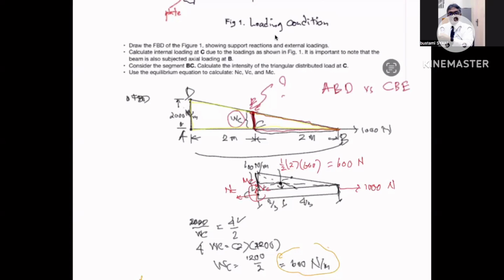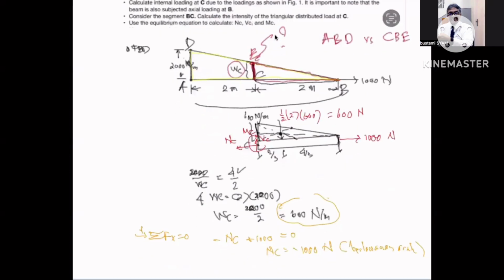It's supposed to be 2000. Okay. So, 4WC equal to 2 by 2000, or equal to 2000 over 2. This is 1000 Newton per meter.